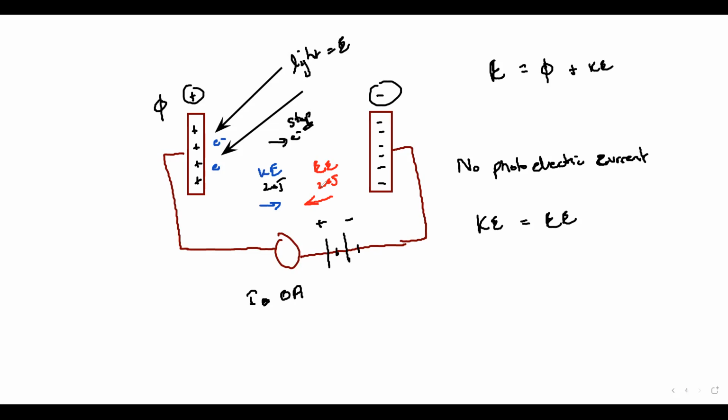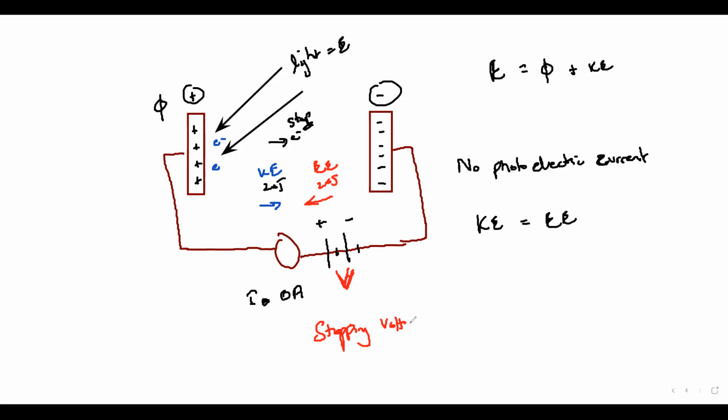Once the kinetic and electrical energies are equal, the electrons are not able to move from one plate to another. The voltage which we apply here to stop the electron is called the stopping voltage.